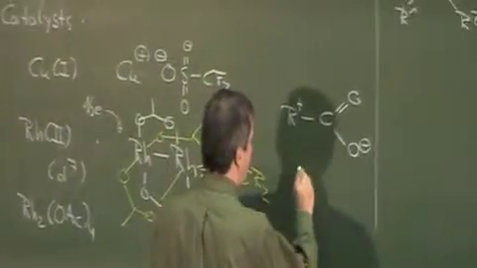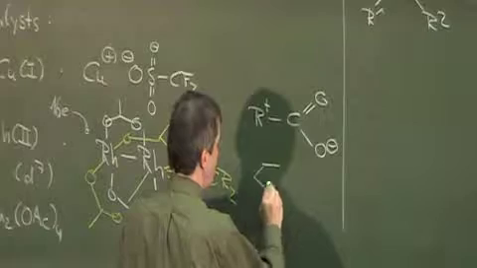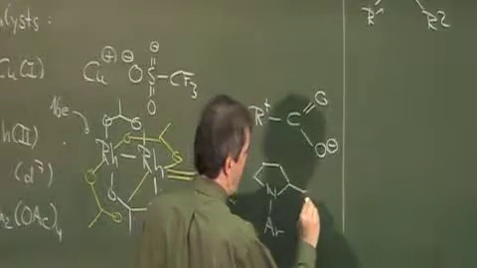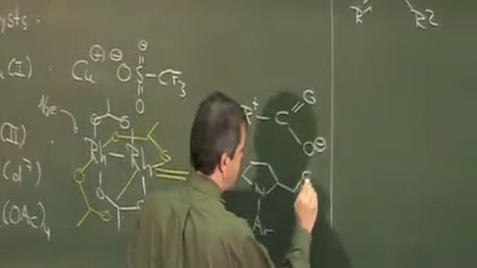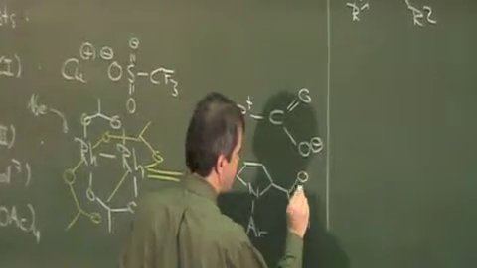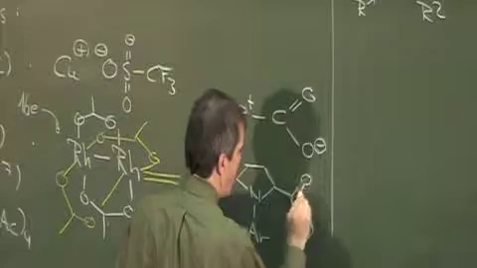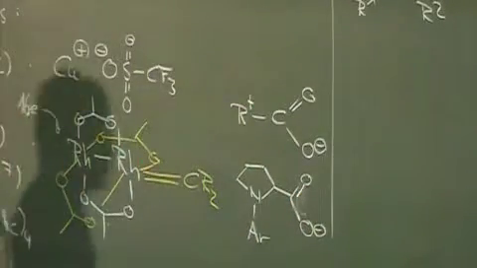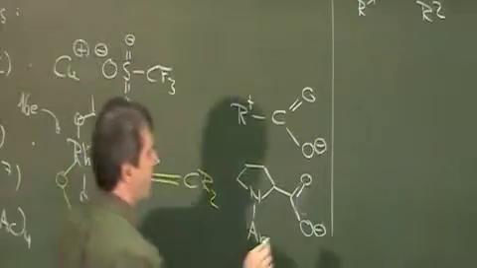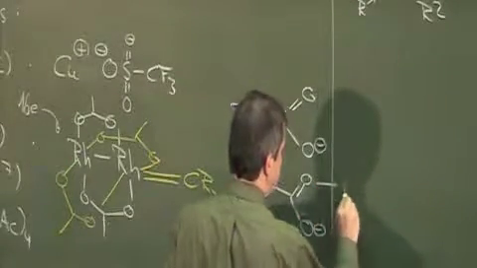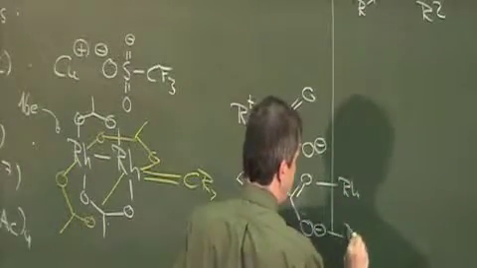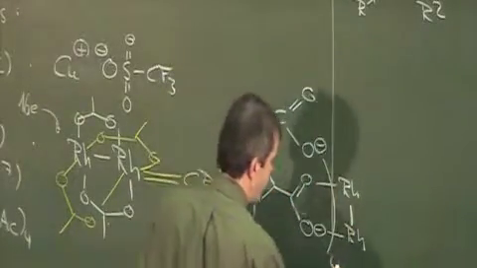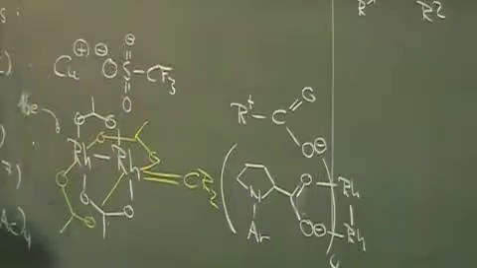And so, for example, what has been used are amino acids, for example, proline derivatives, which can be easily displaced.